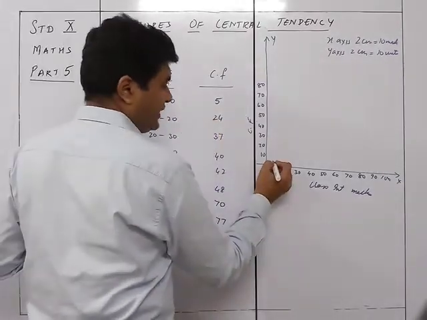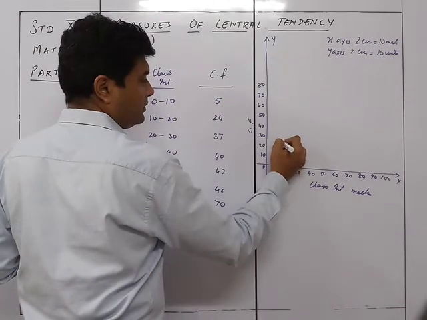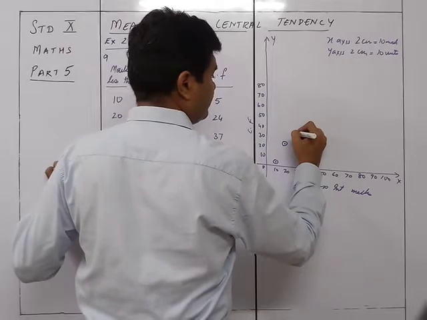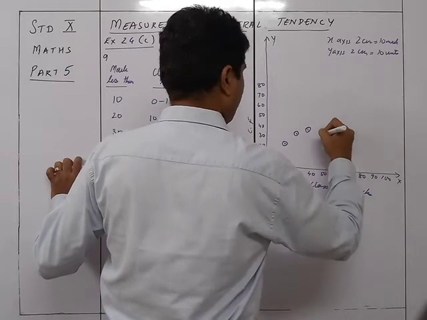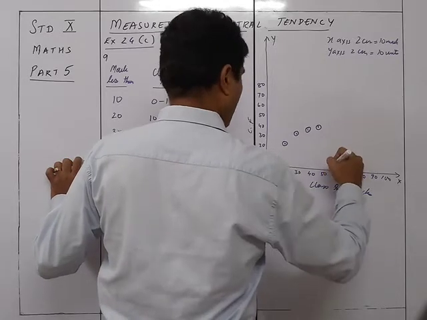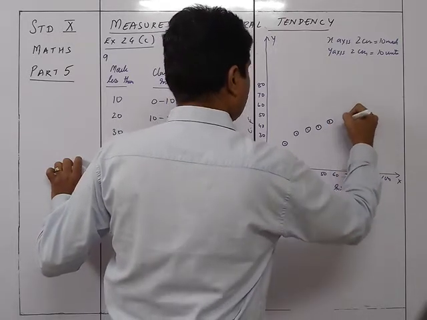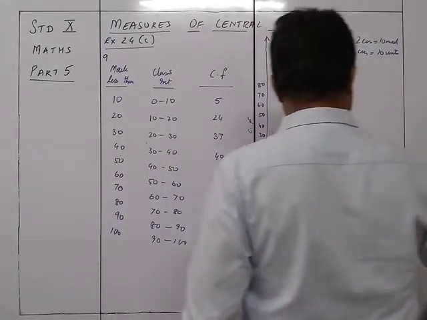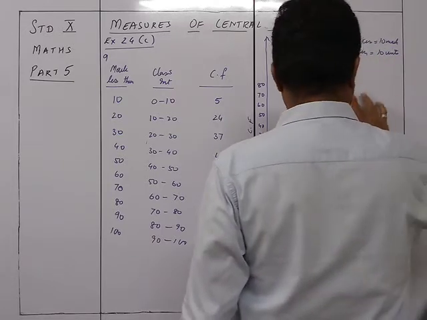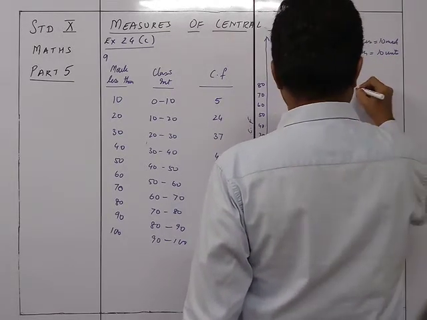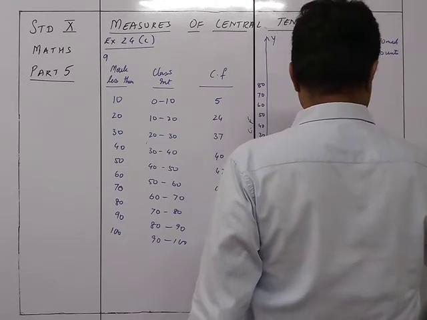First one, 10 ka 5 will be halfway here, 20 ka 24 will be somewhere here, 30 ka 37 will be here, 40 ka 40 will be here, 50 ka 42 will be just above that, 60 ka 48 here, and then 70 ka 70 will be just a bit more up, 80 ka 72, and then 77, 90 ka 77, 79 and 80.